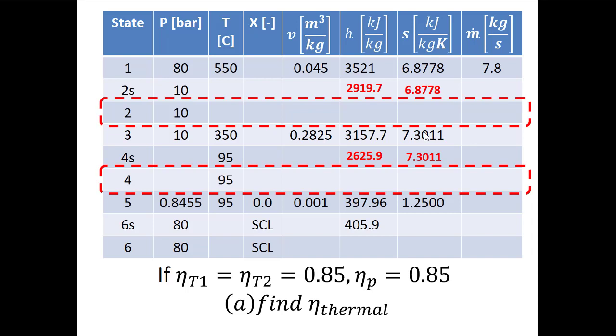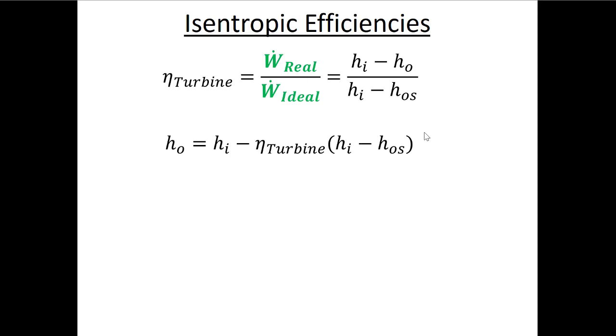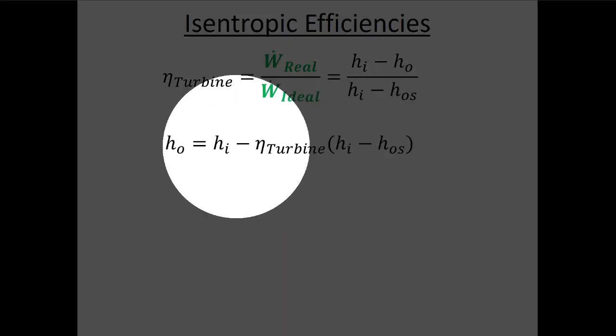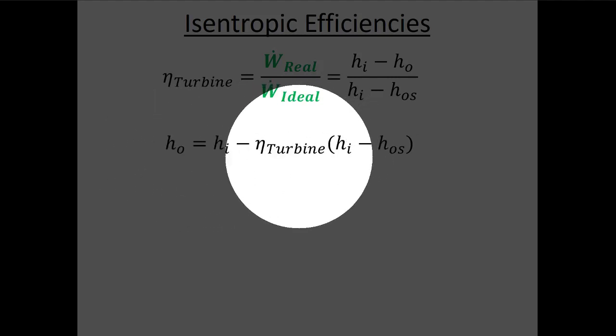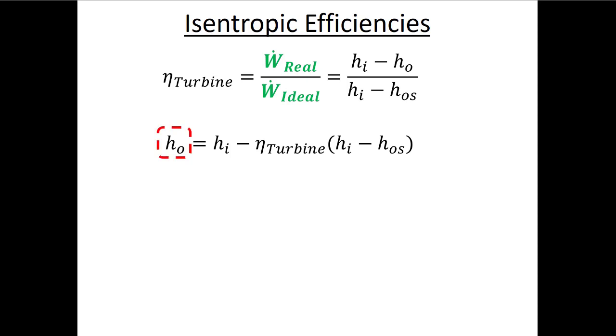So now that I know the isentropic outlets, how do I find the real outlets? Remember, I had this equation for isentropic efficiency. From that, I can find the real outlets from these turbines if I'm given the isentropic efficiencies. In this case, for both the high pressure and the low pressure turbine, I don't know H out in the real case, but I do know H in. I know the isentropic efficiency, and I know H out in the isentropic case.